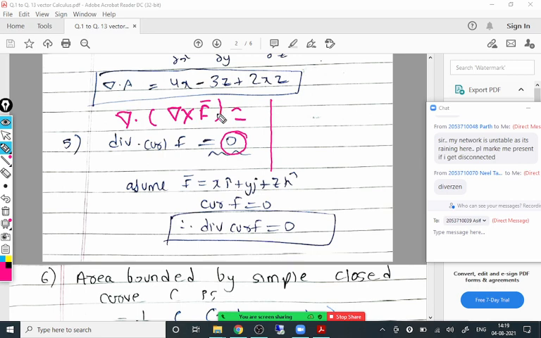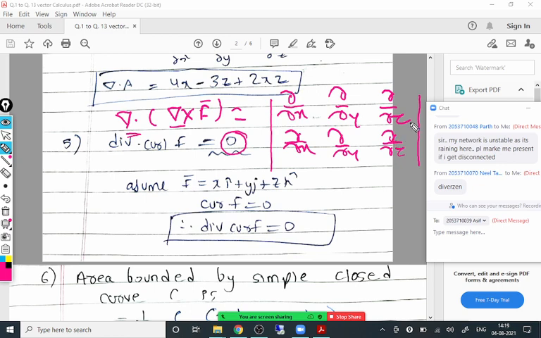This is the box product, is it? That's a box product. So the first row is the operator dou by dou x, dou by dou y, and dou by dou z. The second del is also the operator, so this is dou by dou x, dou by dou y, dou by dou z. And the third row is f1, f2, f3.